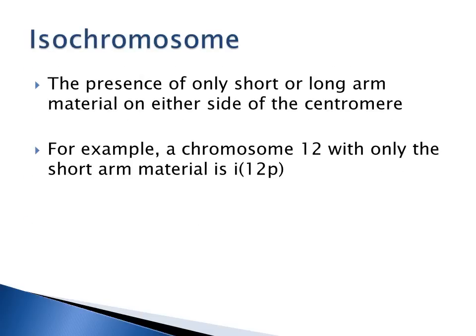An isochromosome is the presence of only the short or long arm material on either side of the centromere. So for example, a chromosome 12 that only has short arm material would be written i for isochromosome, (12p).